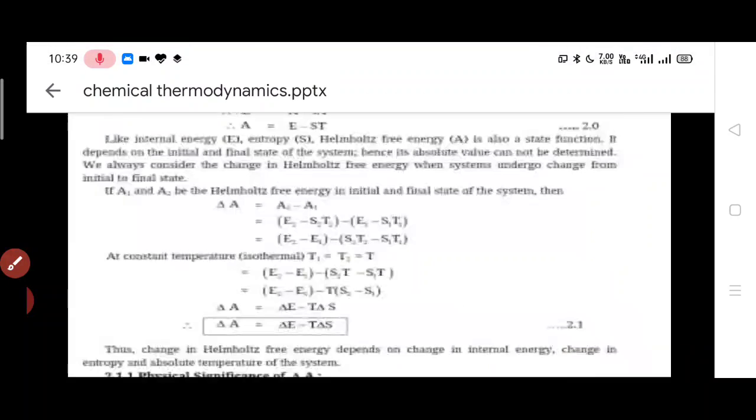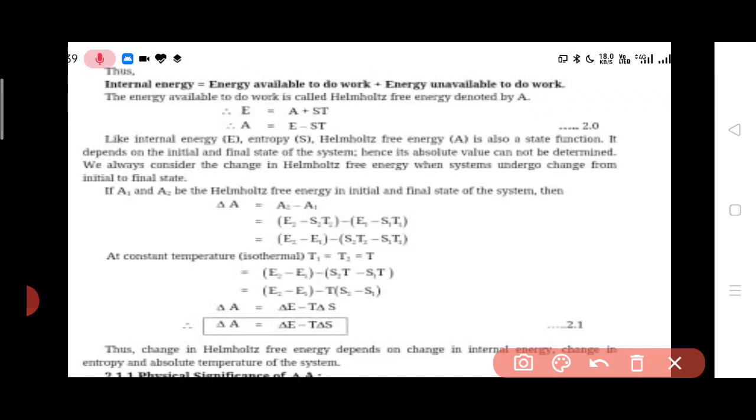So, for internal energy, A is the energy available to do work and ST is the energy unavailable to do work. If we take out the value of A, you will get the equation A = E minus ST. This is the equation for Helmholtz free energy according to the definition.